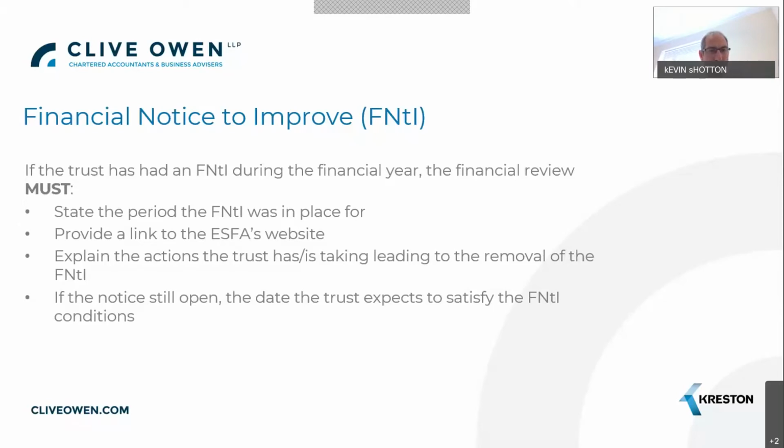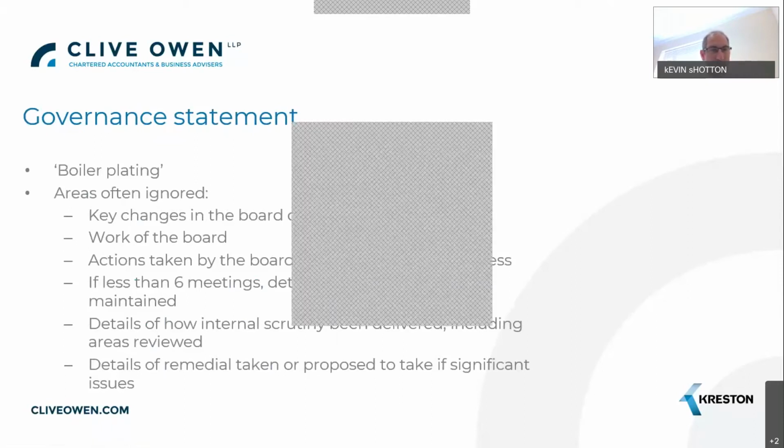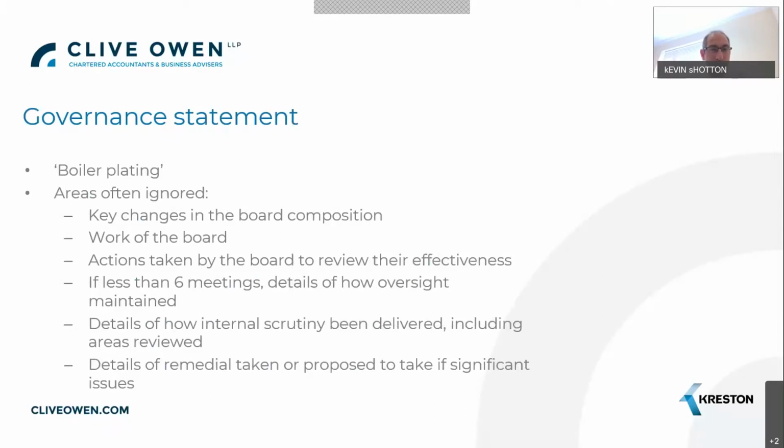So then moving on to the next slide, we move on to the governance statement in particular. One area within the Accounts Direction that the ESFA are focusing on is where they feel there was a bit of boilerplating of disclosures. Within the Academies Accounts Direction, there is example wording, and the governance statement is quite a good example of this, where they give some suggested wording.